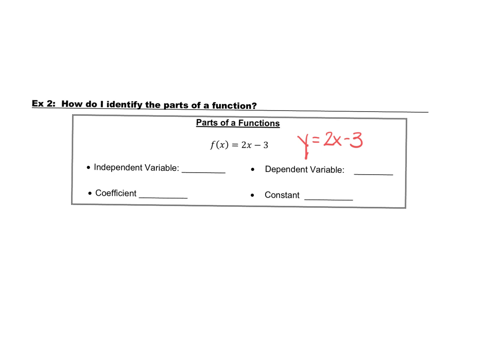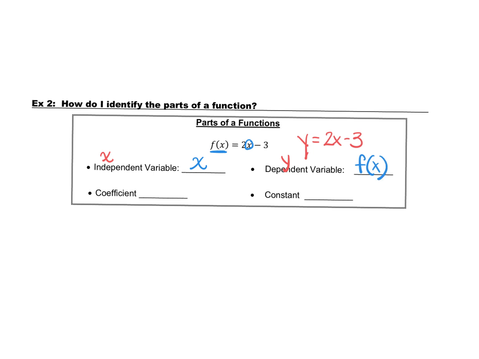Earlier in the chapter, we talked about the independent variable, and we said that the independent variable is always our x and the dependent variable is always our y. So our independent variable here is just the x. And the dependent variable we've said is the y. But when we write in function notation, we replace that y with f of x. So we're going to say that the dependent variable is f of x.